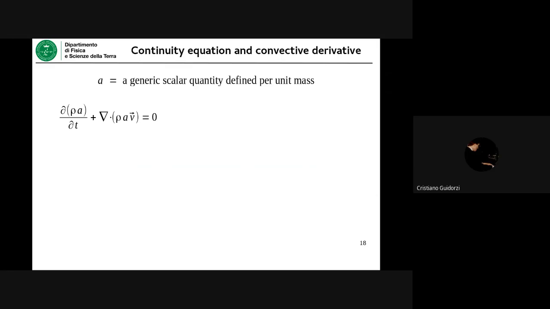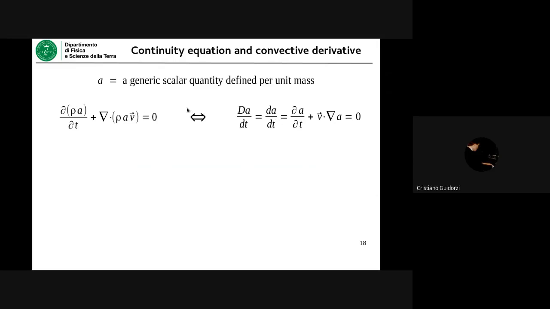Now, what I'm going to prove is that the continuity equation, the conservation of this generic scalar quantity A defined per unit mass, whose density is just rho times A and whose flux is just its density times v, rho A v, is a conservation equation that states the conservation of the generic scalar quantity A. I'm going to show you that this continuity equation is equivalent to demanding that the total time derivative of the same quantity is 0.